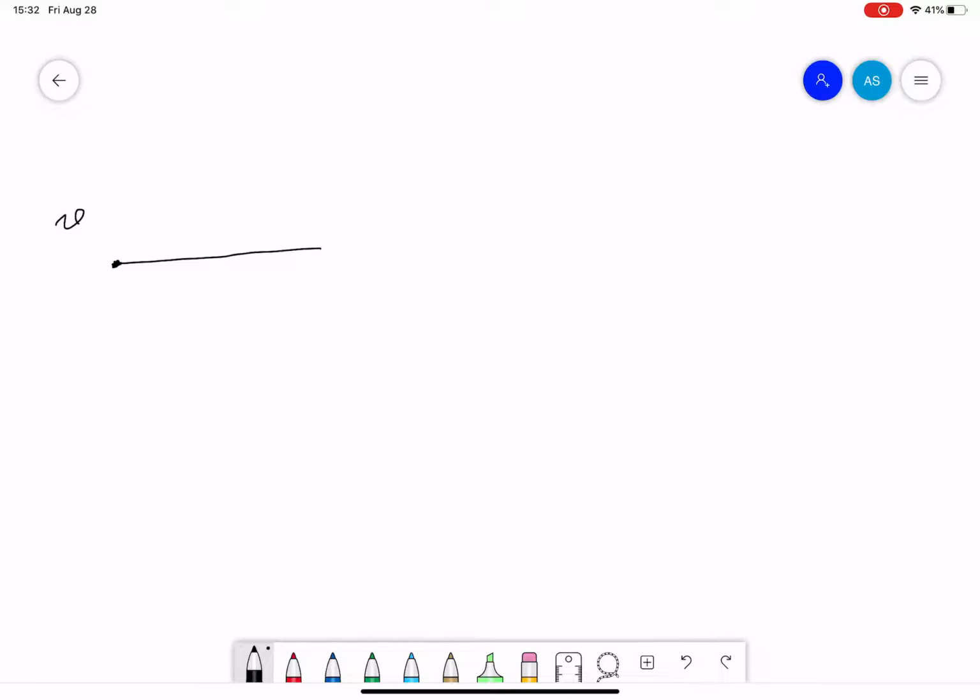Here we have V initial, here we have V final. So V initial, if it's thrown from rest, is 0, and our V final is 18 meters per second, and it was thrown in a time interval delta t equal to 170 milliseconds.